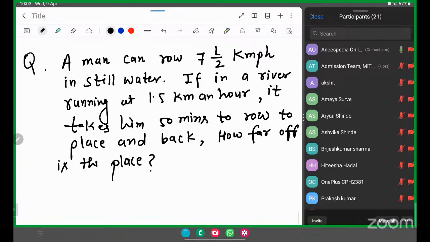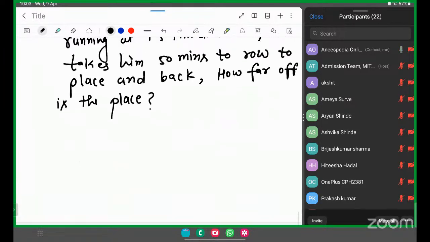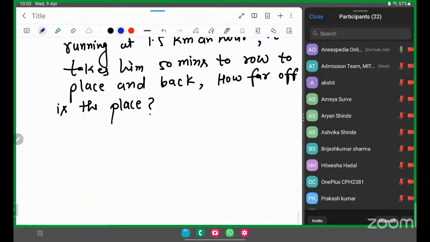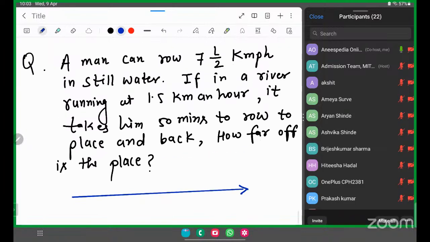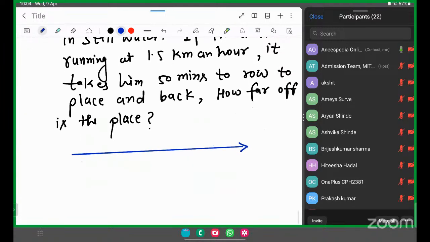So how will you solve it? Okay. Let's say the stream of the river is given to us, that is 1.5 kilometer an hour, which means V is 1.5 unit.